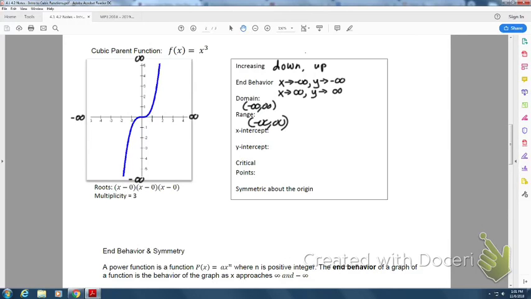The x-intercept and the y-intercept are both at the origin. Your critical points are (-1, -1), (0, 0), and (1, 1).